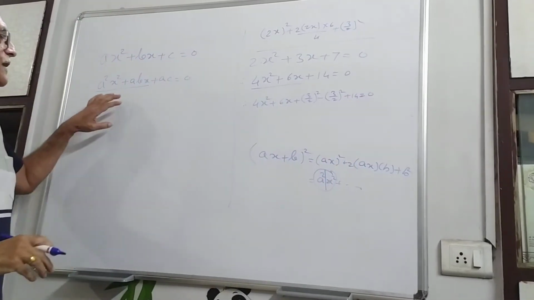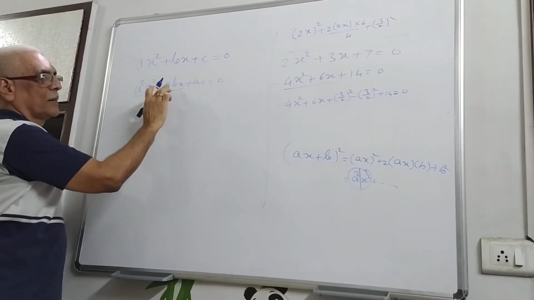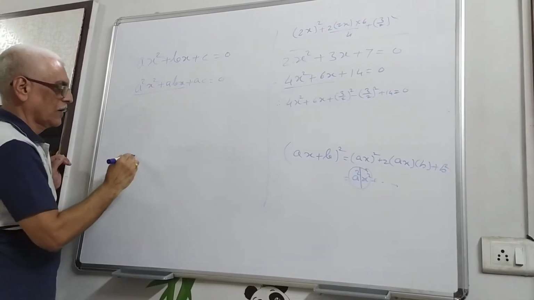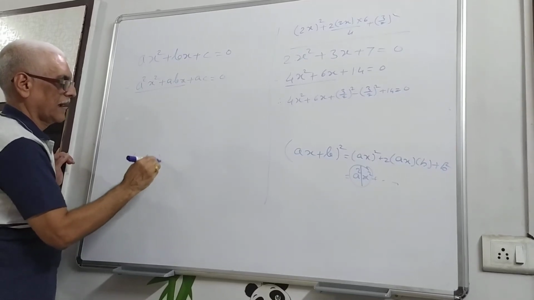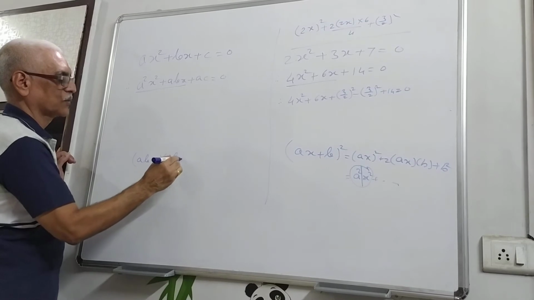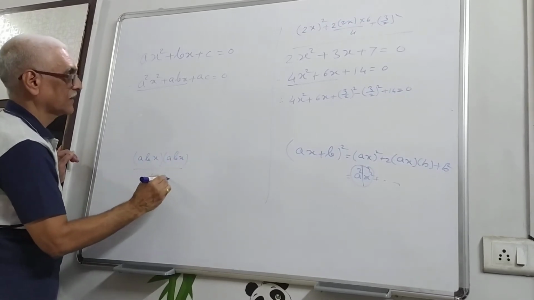In a general case, if you want the last term, you can say that it is the middle term square upon 4 times the first term, that is, abx whole square upon 4 times a square x square.